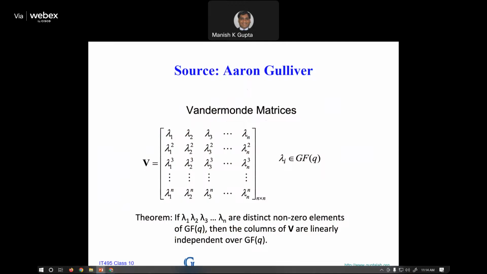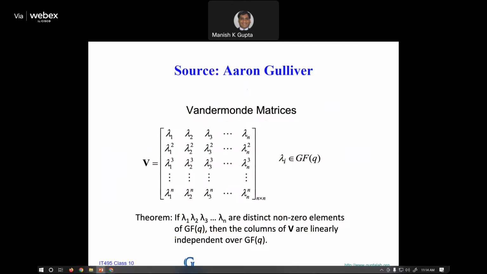Okay. So I think you can try to prove it, or at least see what is happening if you take a field with 4 elements. The elements are 0, 1, alpha, alpha square, alpha cube, and so on up to alpha raised to the power q minus 2. I mean q minus 1.